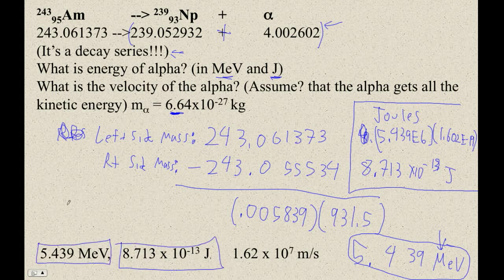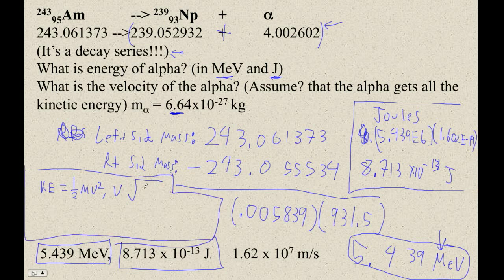And then we want to figure out the kinetic or the velocity of it, right? So I'm going to say that kinetic energy is 1/2 mv squared, right? So therefore, v is the square root of, I think we need to draw like a little box around this, right? There.